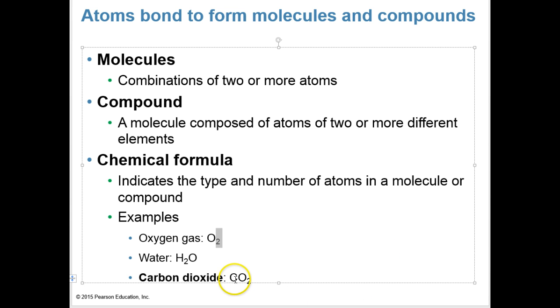In carbon dioxide, we use C for carbon, its symbol, and O for oxygen, and then put a 2 behind the O because there's two atoms of oxygen in carbon dioxide. If there's only one atom of an element, we just leave that out, and it's understood that there's one carbon to two oxygens in carbon dioxide.